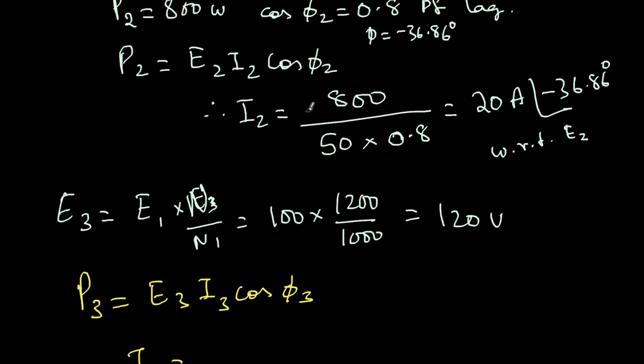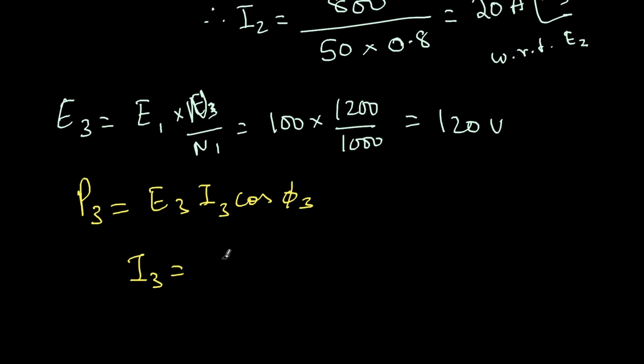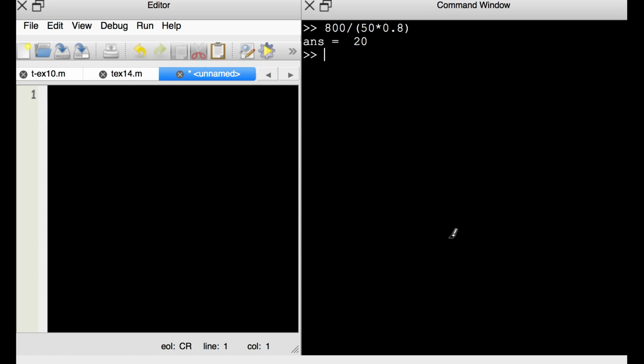So power P3 given in the diagram is 500 watts at 0.9 power factor leading. So 500 watts divided by E3, 120 volts, and power factor is 0.9, and this power factor is leading. So this will give me 4.63 amperes.